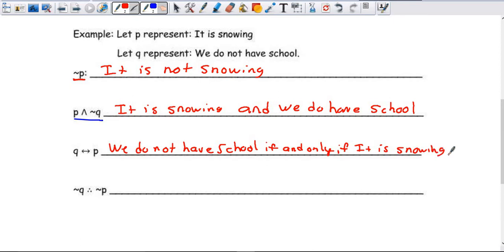And then for our last one here, we have not Q, therefore not P. So for not Q, we're going to say that we do have school. Therefore, it is not snowing. Because we have to negate both pieces of that, okay?